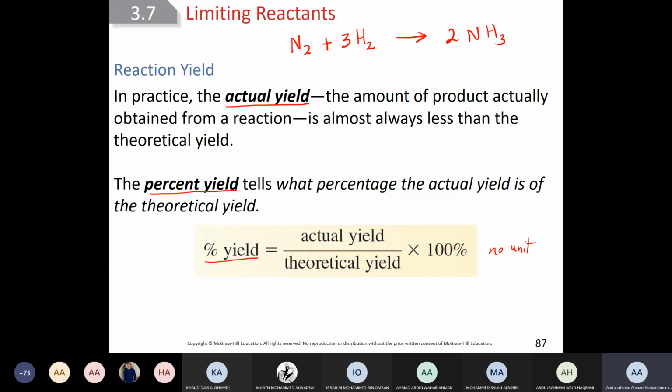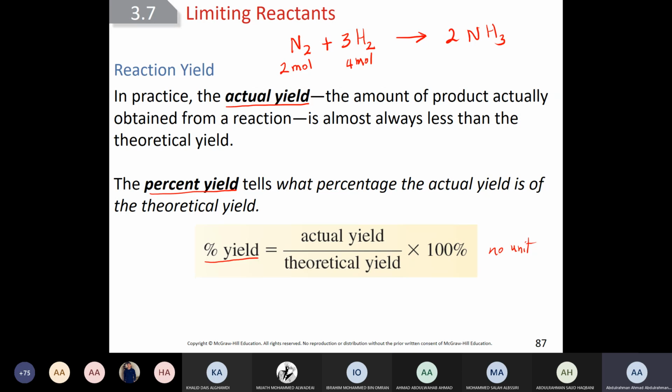Let's say I have 2 mole of N2, and I have 4 mole of H2.